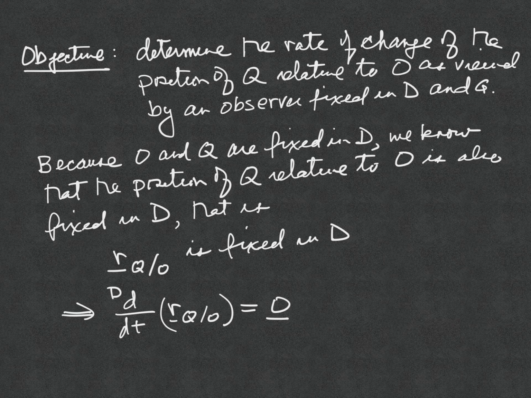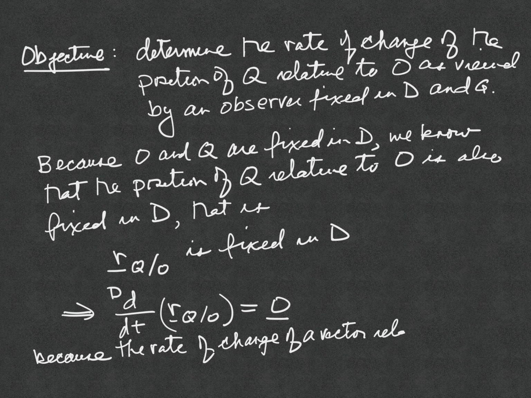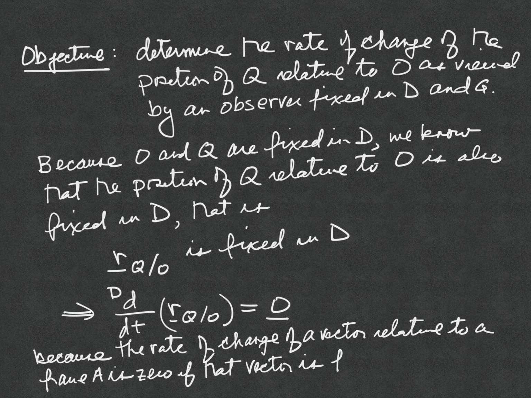And so this last result is because the rate of change of a vector relative to a frame A is 0 if that vector is fixed in frame A. So we know now that the rate of change of this vector as viewed by an observer fixed to the disk is 0.